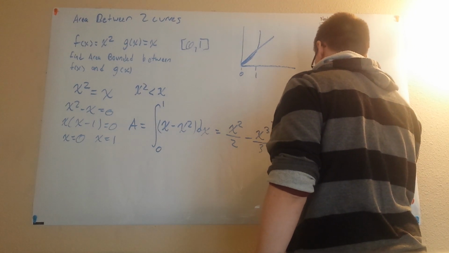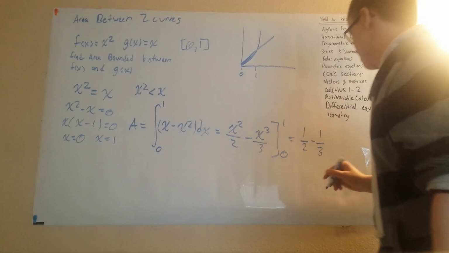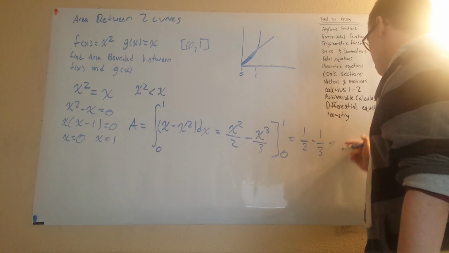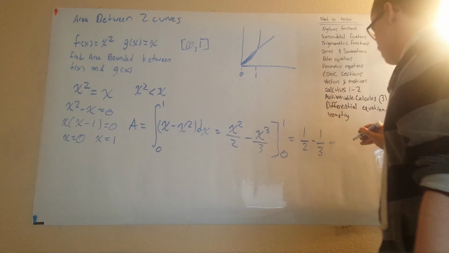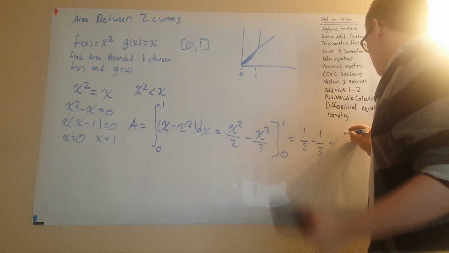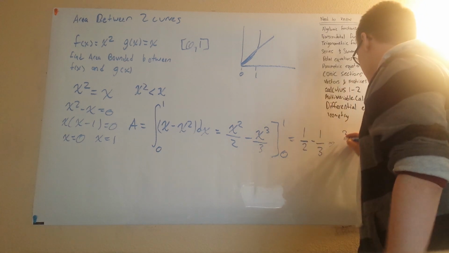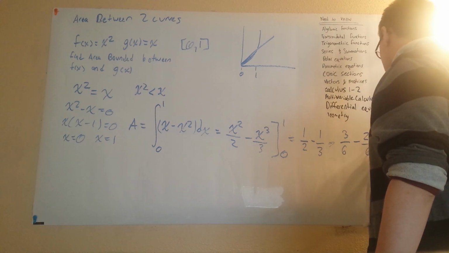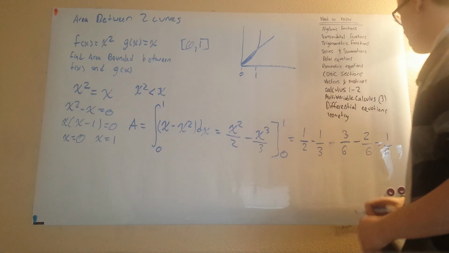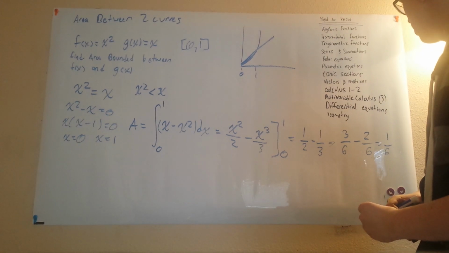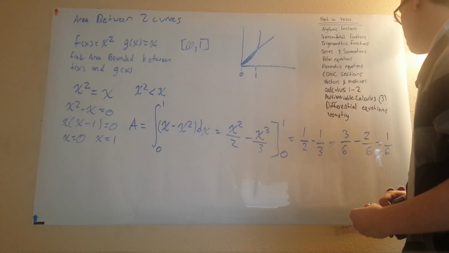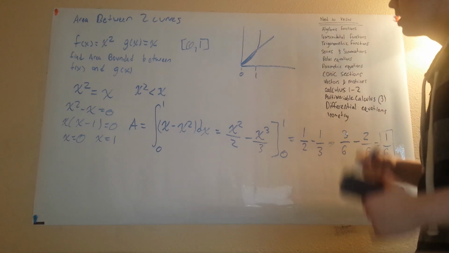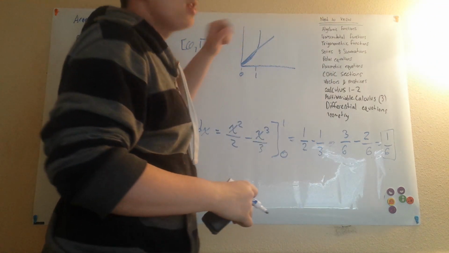So 1 over 2 minus 1 over 3 is the same thing as 3 over 6 minus 2 over 6, which is 1 over 6, right? So this is the area, 1/6. That is the area between these two curves.